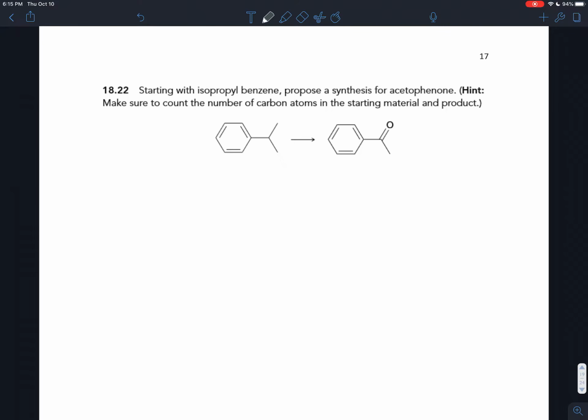You can treat this, any benzylic position that has a hydrogen, and this does, any benzylic position that has a hydrogen will react with strong oxidizing agents, like sodium dichromate in sulfuric acid and water, or sometimes they'll just give you chromic acid.